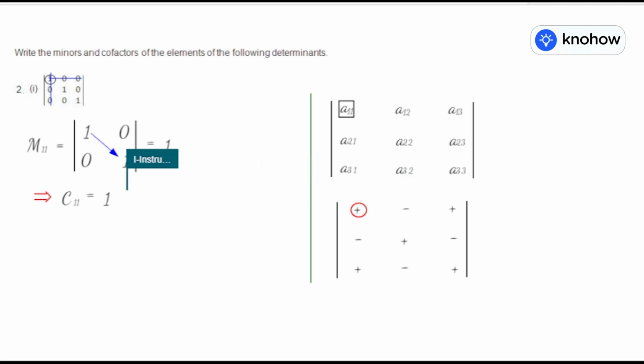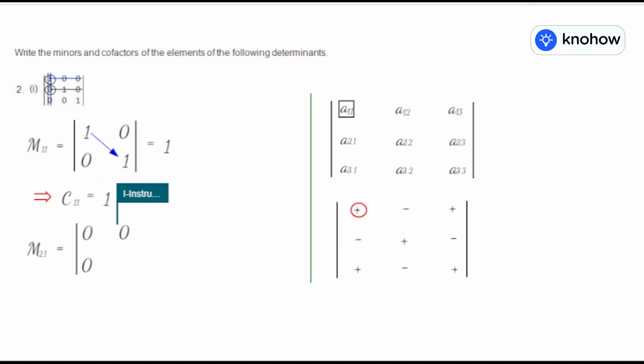And what about now M21? Which element is M21? It is this 0. So if you delete the row and column through 0, you are left with the determinant 0, 0, 0, 1.